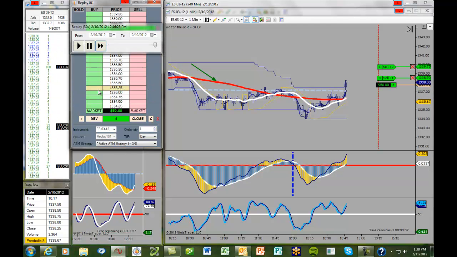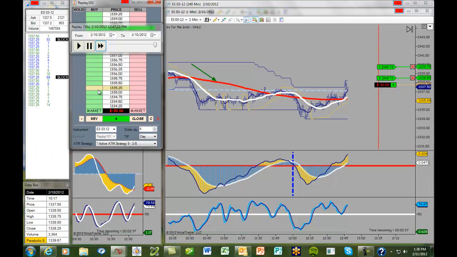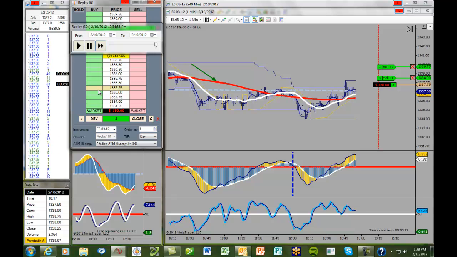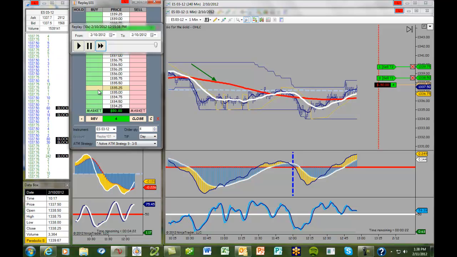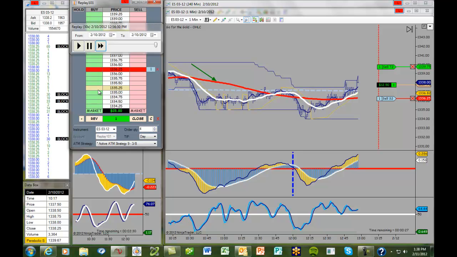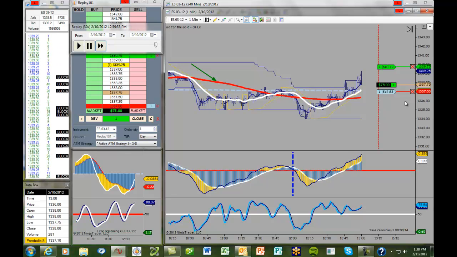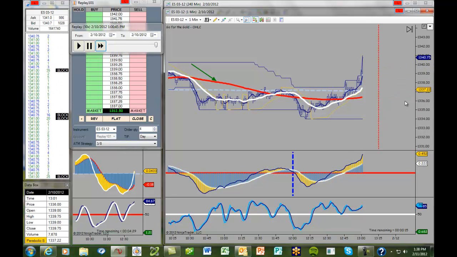Boom. We missed that big jump, but I think we'll still be okay even with that semi-late entry. Going to hit that target, I bet you we will.